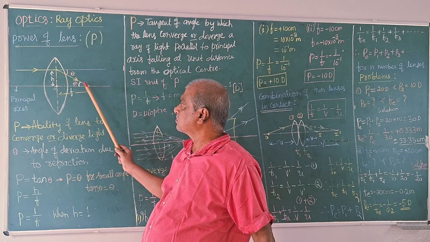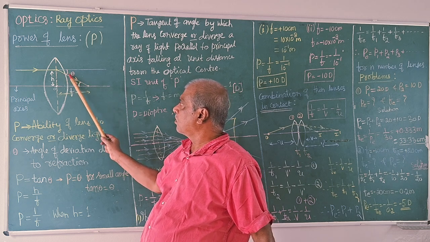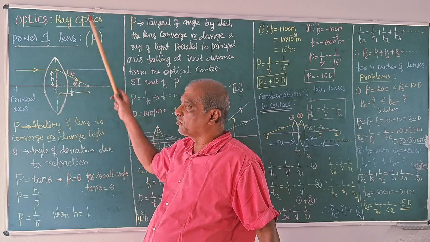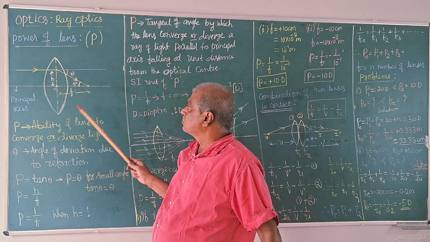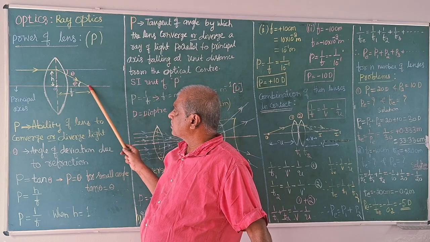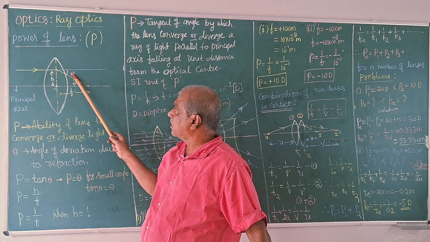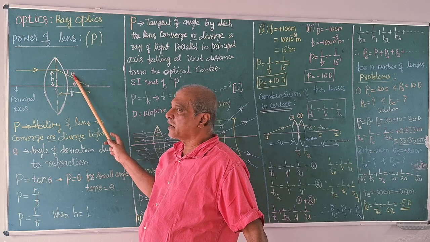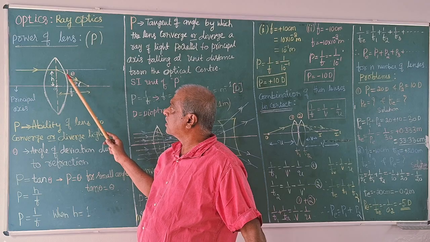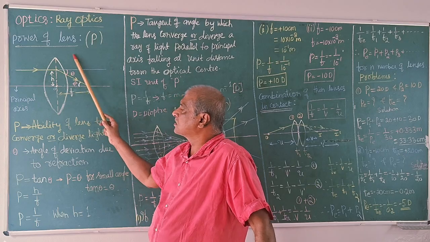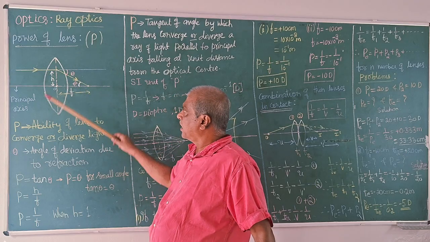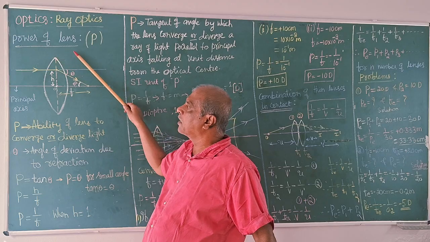Change the direction. It is an angle of deviation or angle of refraction. Converge to a point. This angle of deviation or angle of refraction, the magnitude of angle will represent the power of lens. Greater deviation, greater power.